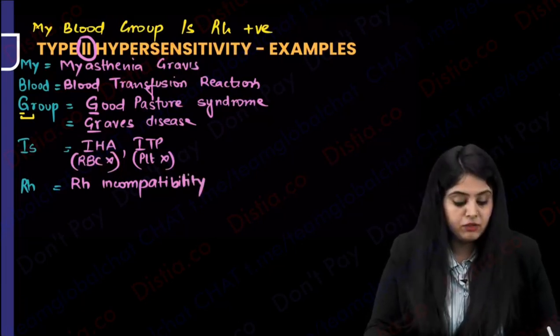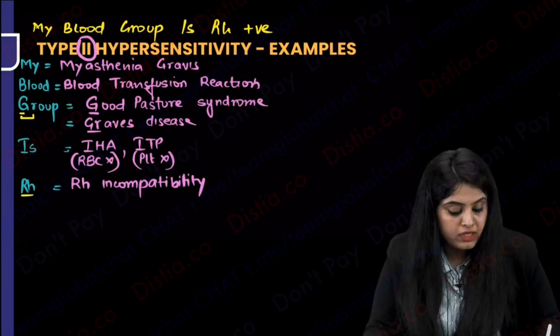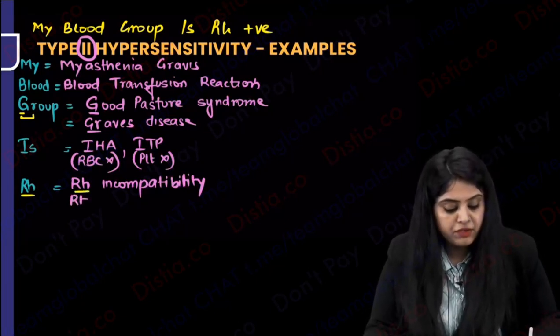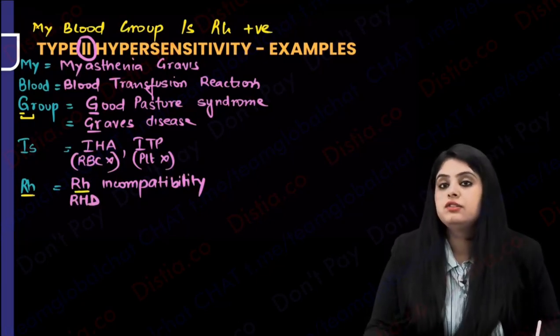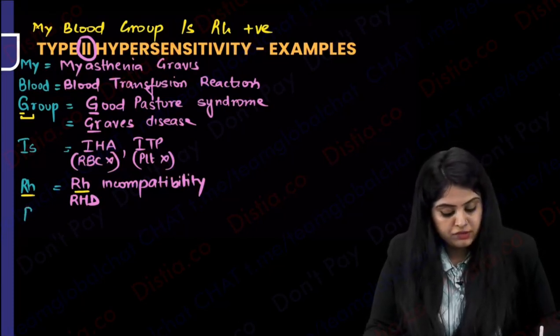RH incompatibility. So my blood group is RH. Not only RH incompatibility, I will add a D in front of it, because rheumatic heart disease is also going to come over here. So my blood group is RH positive.